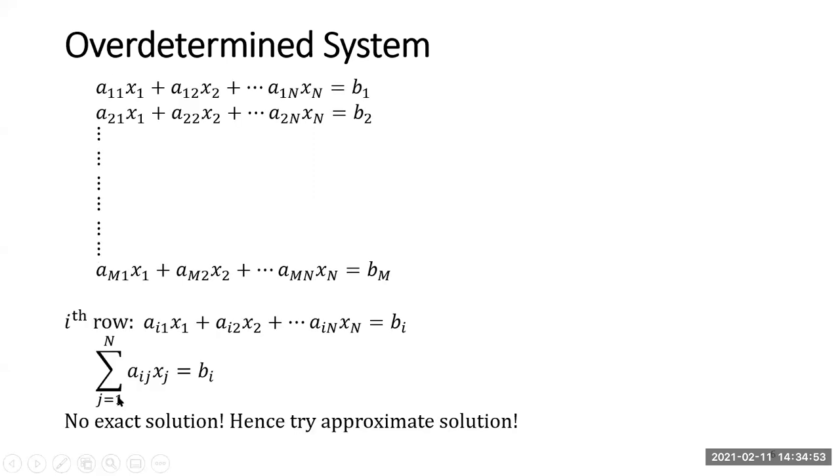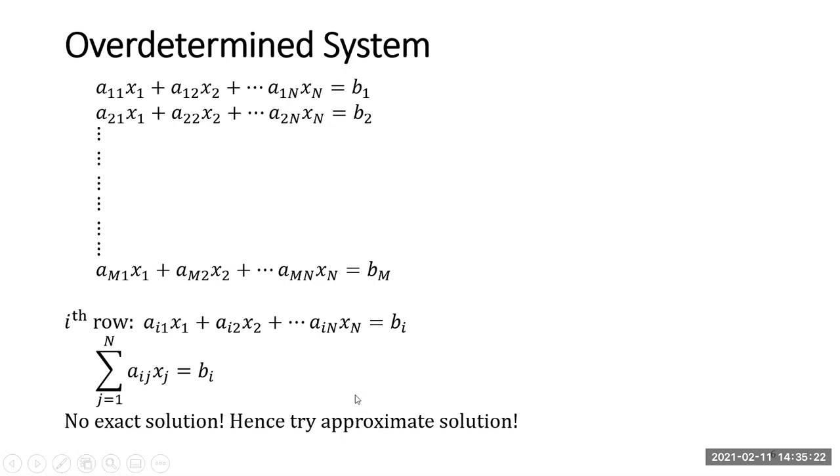Now, the ith row would read Ai1 x1 plus Ai2 x2 plus dot dot dot Ain xn equals bi. So this is the first row and this is the last row, the mth row. Or summation Aij xj, j equals 1 through n, equals bi.